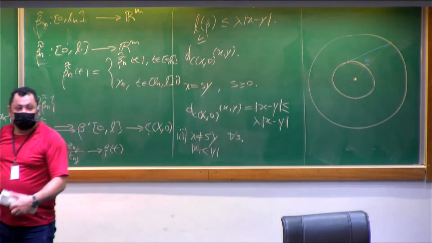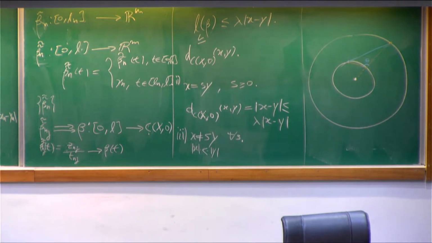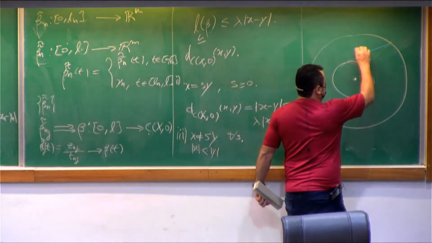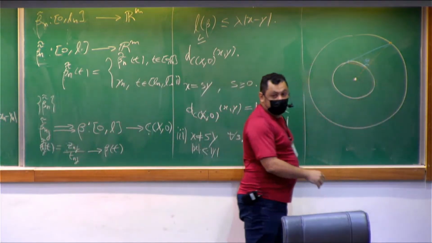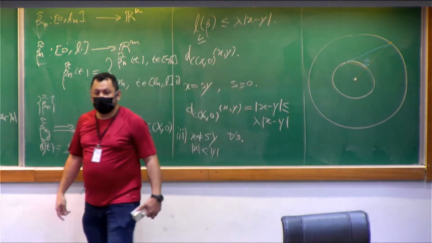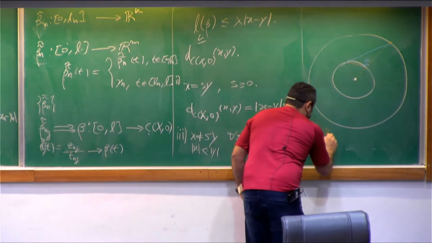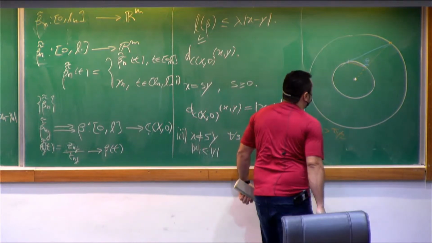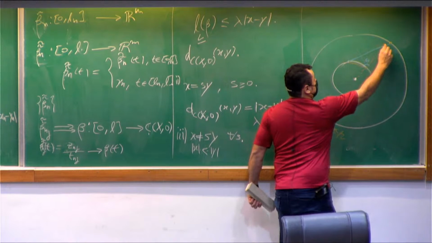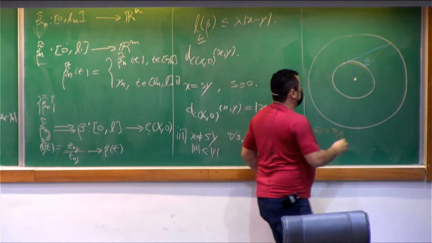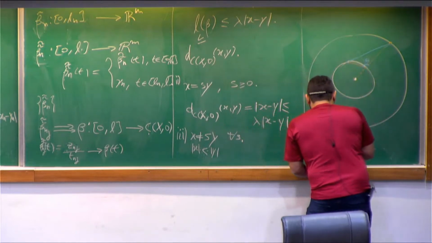It's easy to see, for example, the angle theta is greater than pi over 2, right? Because here is when it's pi over 2, so in this case theta is greater than pi over 2. So this guy is greater than this guy and this guy. This is just the distance.